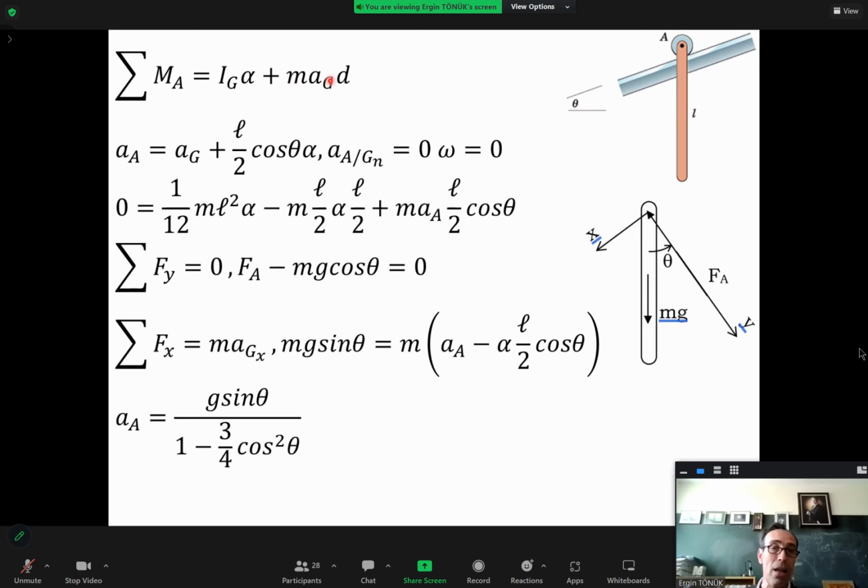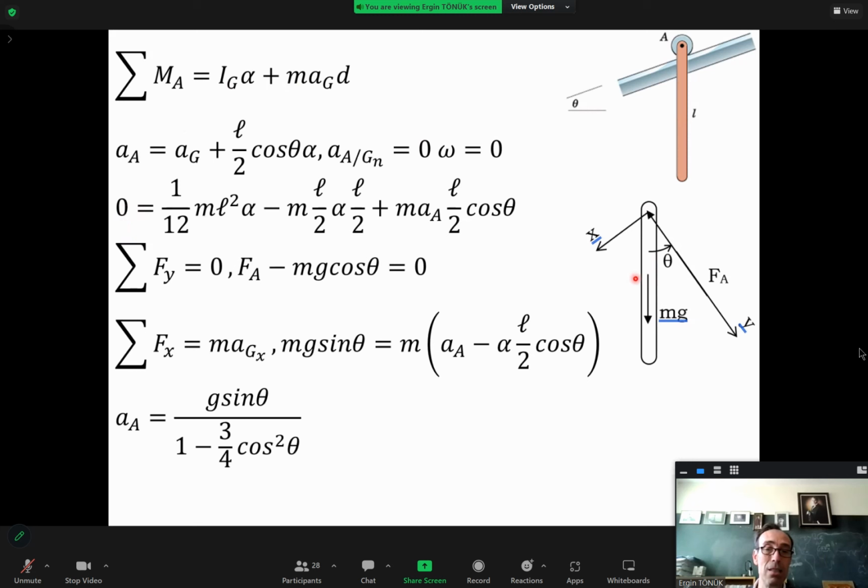So what is the moment of forces about this point? Moment of weight is 0. Moment of Fa is 0. So this sum of moments about A is 0. Okay? Then I will write Ig alpha.